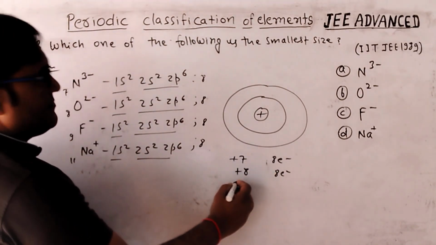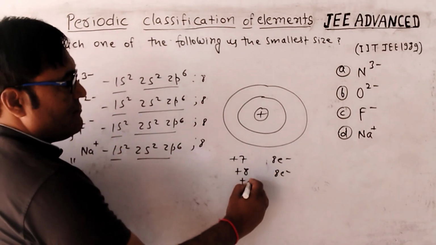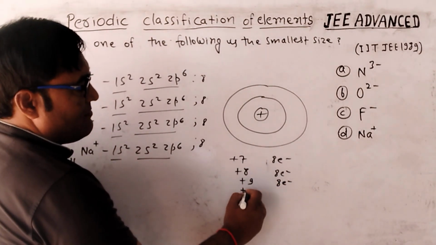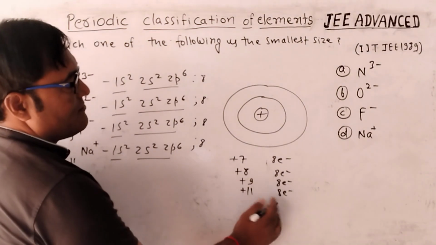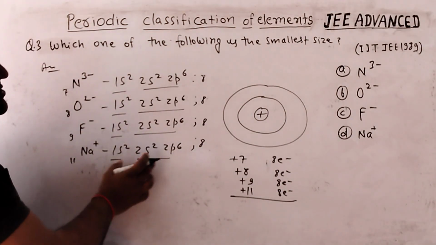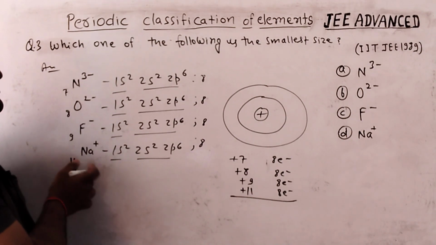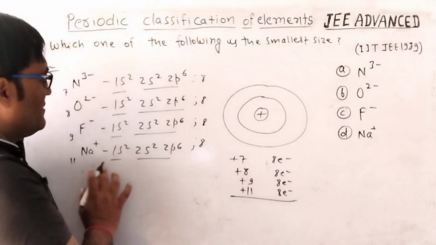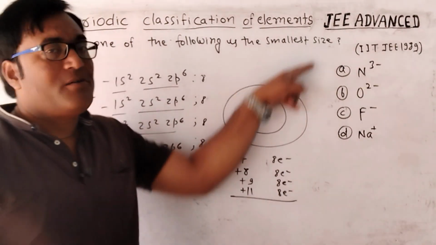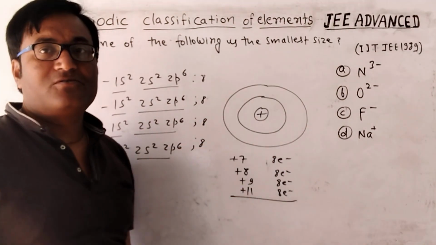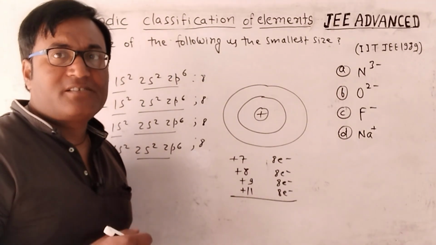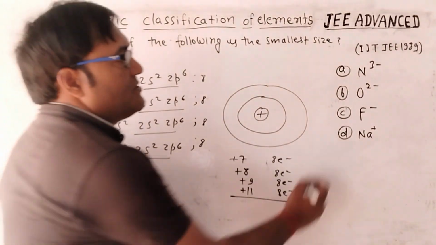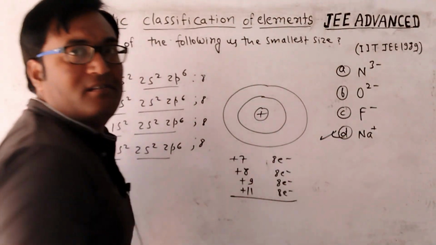In case of fluoride, 9 positive charge attracts 8 electrons. In case of sodium, 11 positive charge attracts 8 electrons. Here, the last shell is the second, and nuclear charge increases from left to right. So maximum contraction occurs in case of sodium. So in given options, according to the question, the smallest size occurs in sodium cation due to maximum contraction. So option D is correct. You can take a screenshot.